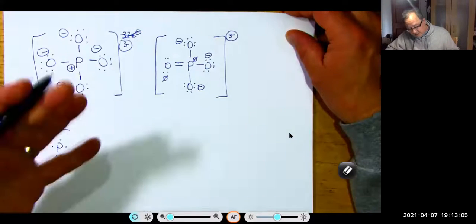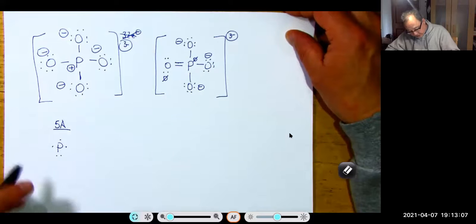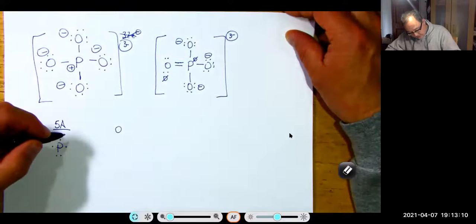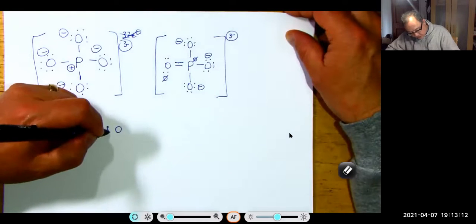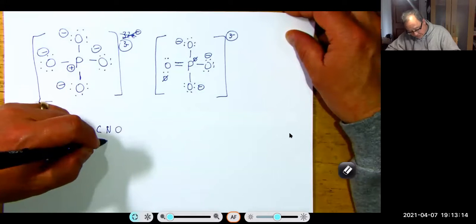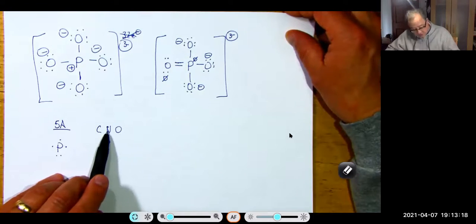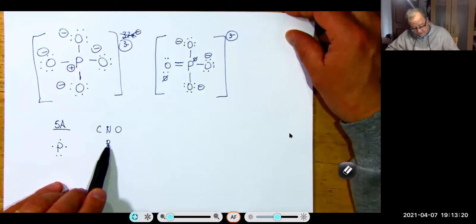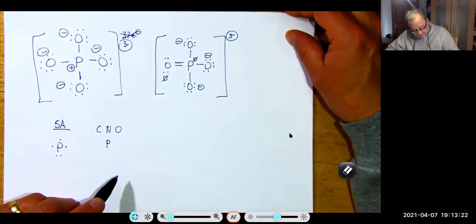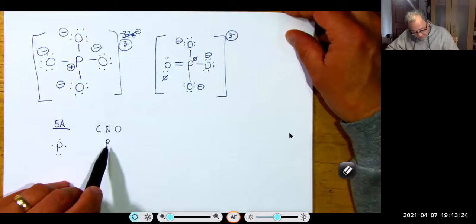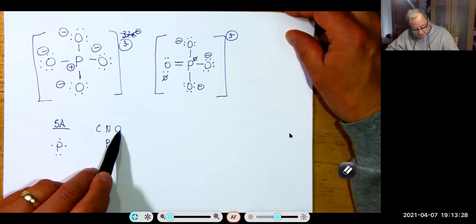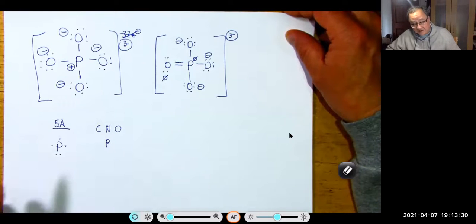Oxygen is the most electronegative atom there because here's oxygen, here's nitrogen, here's carbon, and here's phosphorus. Oxygen is greater than nitrogen. Nitrogen is greater than phosphorus. So if nitrogen is bigger than phosphorus and oxygen is bigger than nitrogen, oxygen has to be bigger than phosphorus, right?